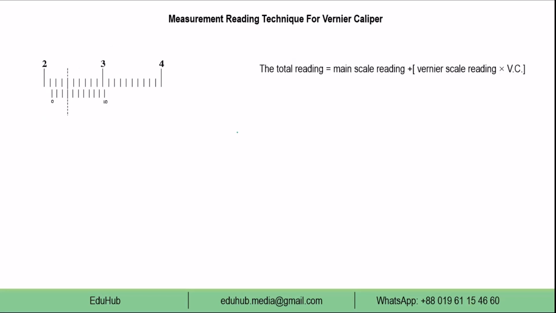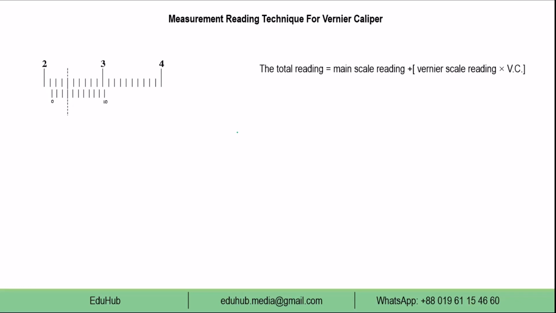Now we will learn how to take the measurement from the Vernier caliper. Basically we need to take two main readings. The first one is the main scale reading and the second one is the Vernier scale reading. In this image we can see that 2.1 centimeter is the immediate left of the zero on the Vernier scale.